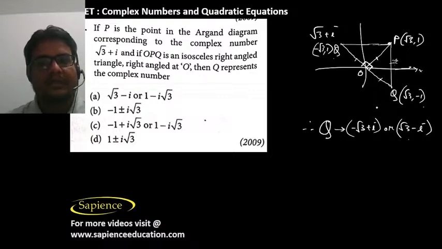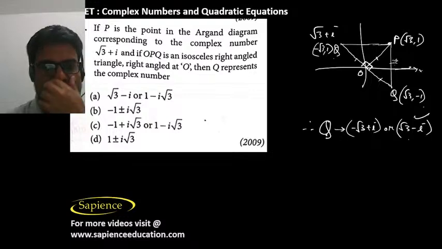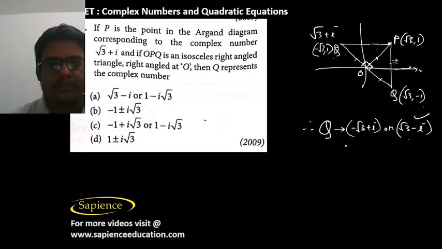Isosceles right angle triangle, right angled at the point O. So it can be root 3 minus I, or it can be minus root 3 plus I. So these are the options. So option A is the correct answer. It is partially correct actually, only root 3 minus I is there.